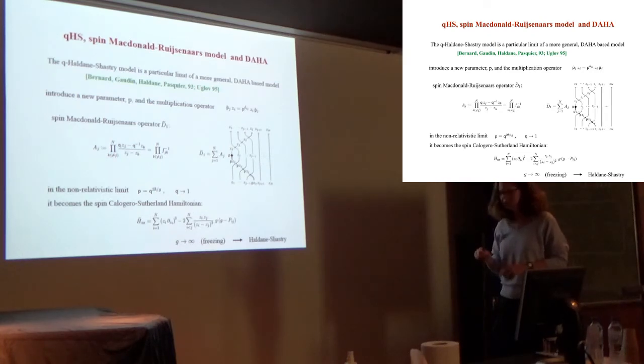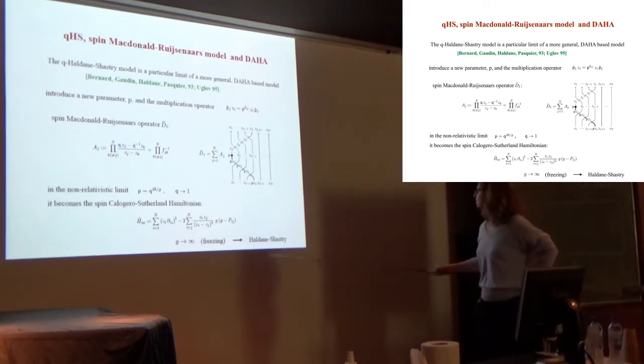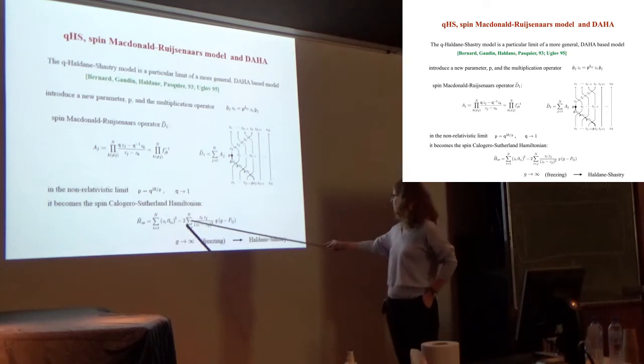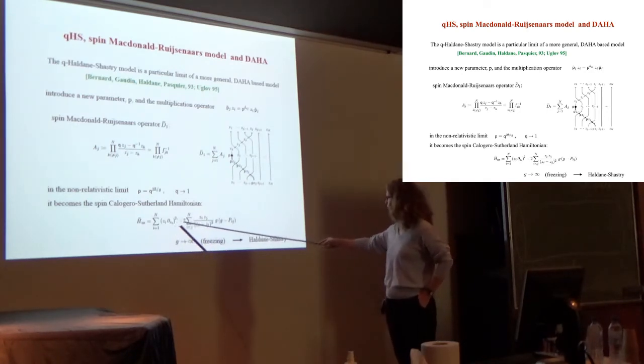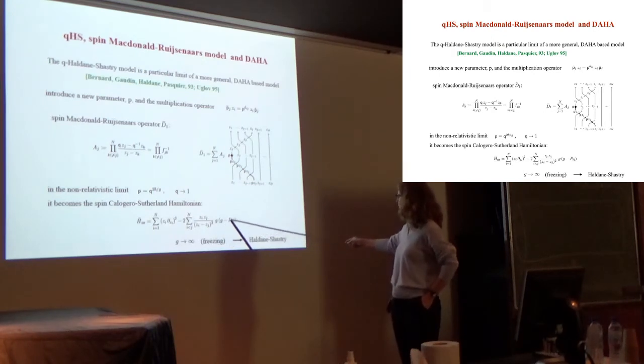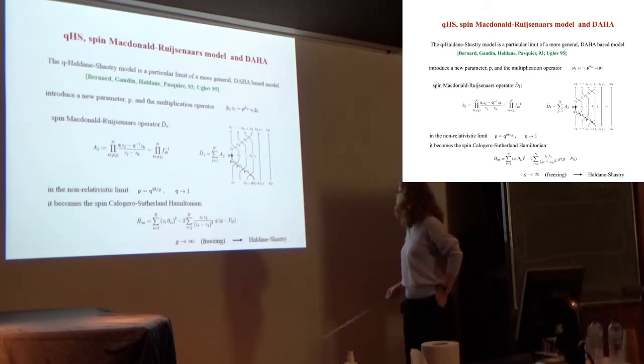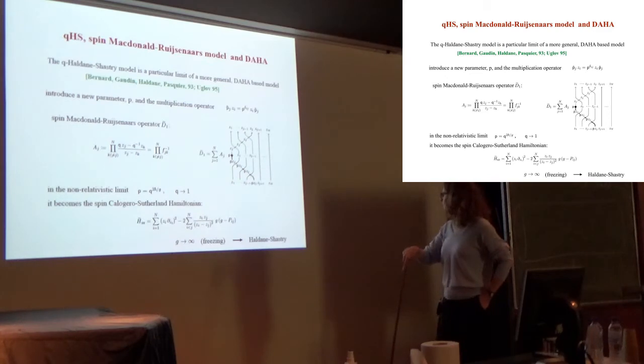on the unit circle. So it's in fact this Calogero-Sutherland model with spin. Now this is the permutation of two spins.